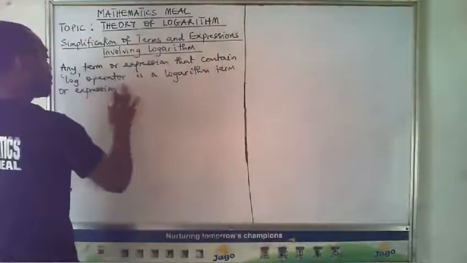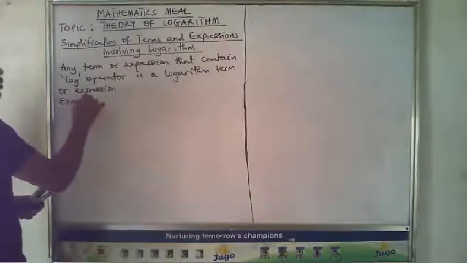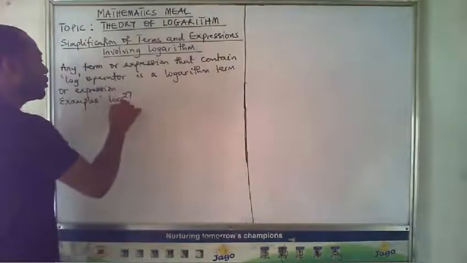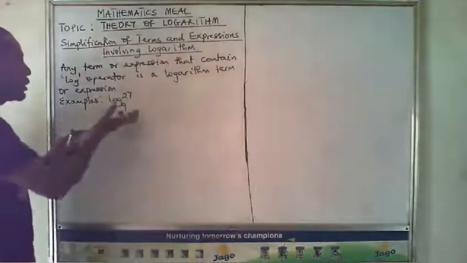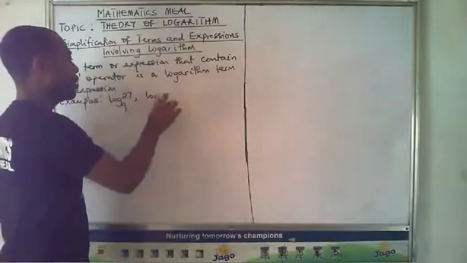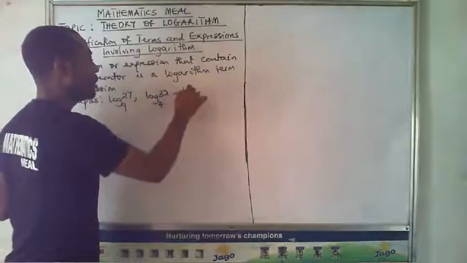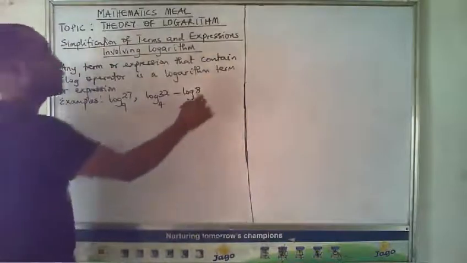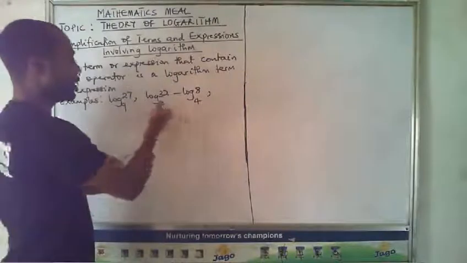For example, let's say examples now. You can have log 27 base 9. This is a log term. It's a logarithm term because it contains a log operator. If I have log 32 base 4 minus log 8 base 4, this is also a log expression now, because you have more than one term.